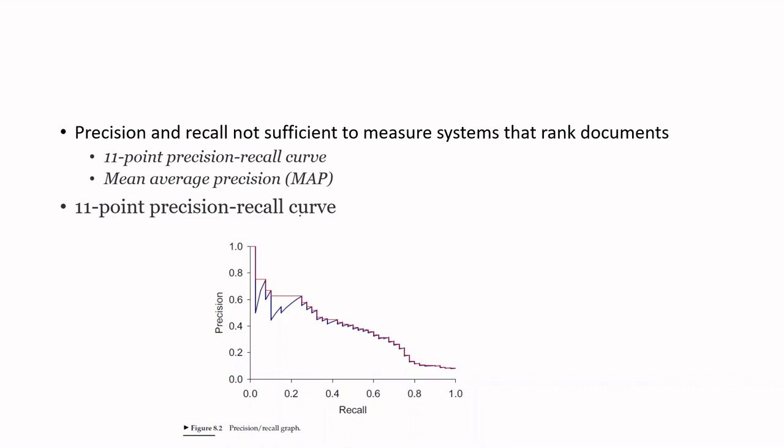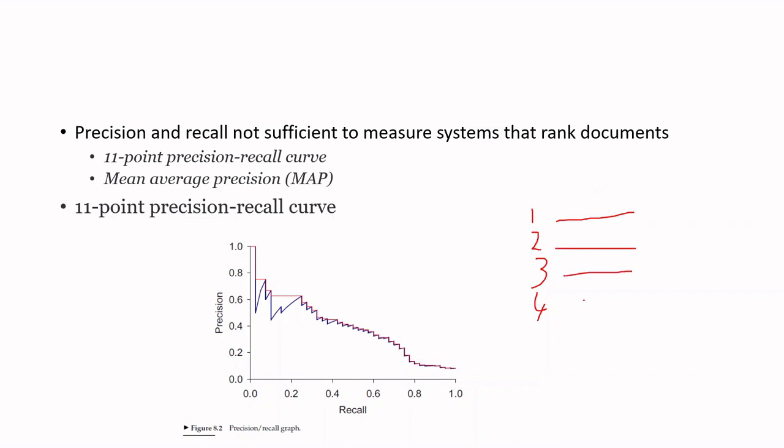Okay, so in order to understand what this 11-point precision recall curve is, let us say we have documents 1, 2, 3, 4, like this. We have documents retrieved by our system.